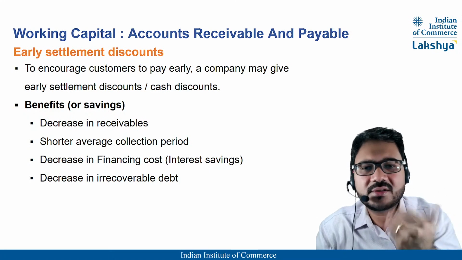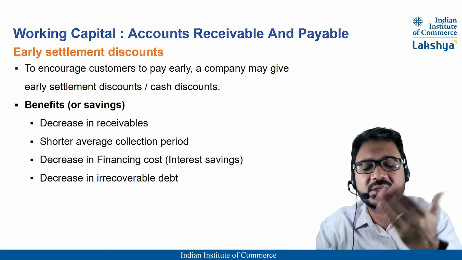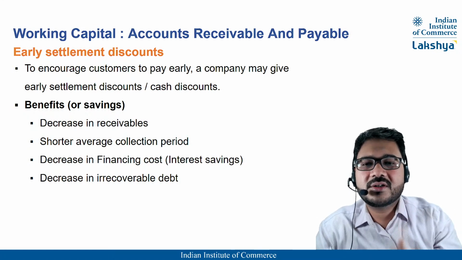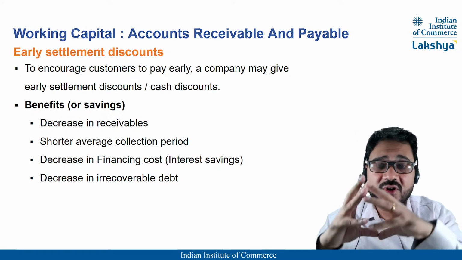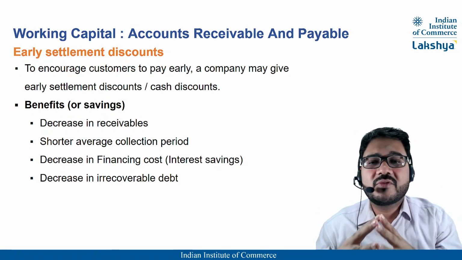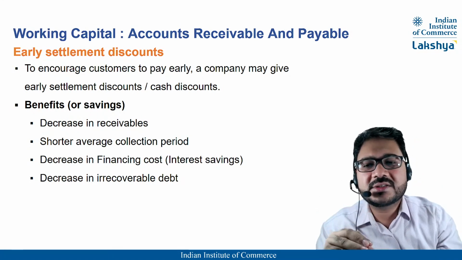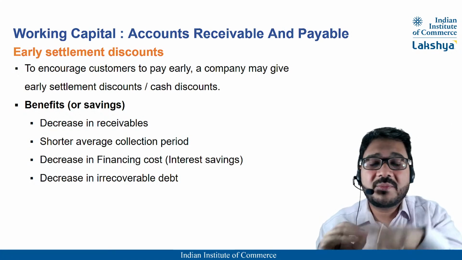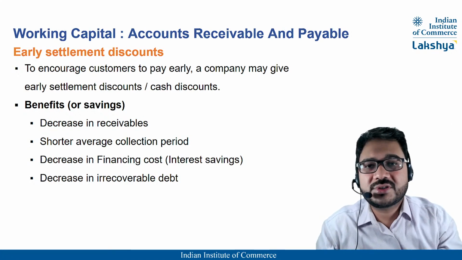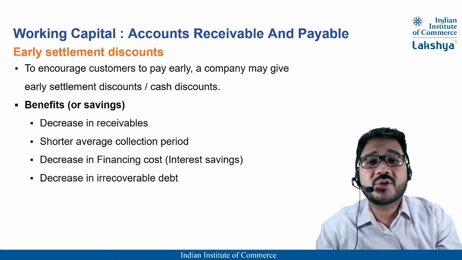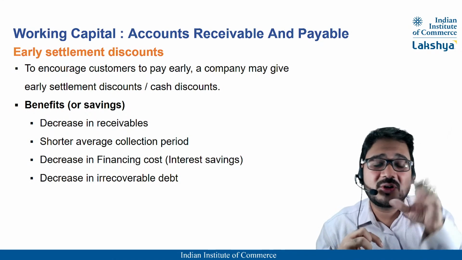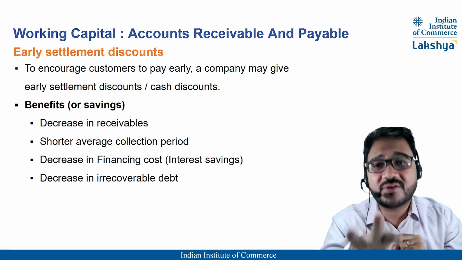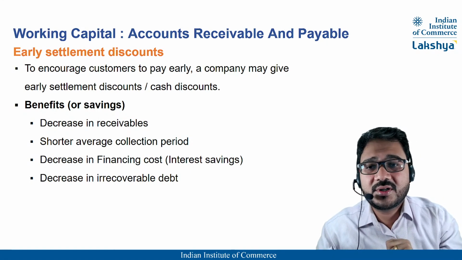Say if you're giving a 30 days credit period, but the customer is paying within, say, 5 days, then you need not take overdraft facility for all 30 days. You will take overdraft facility only for 5 days, and you are saving on the balance 25 days interest. So that is one of your biggest savings. So you will try to compare, is my saving or benefit more than the cost of that discount, right?